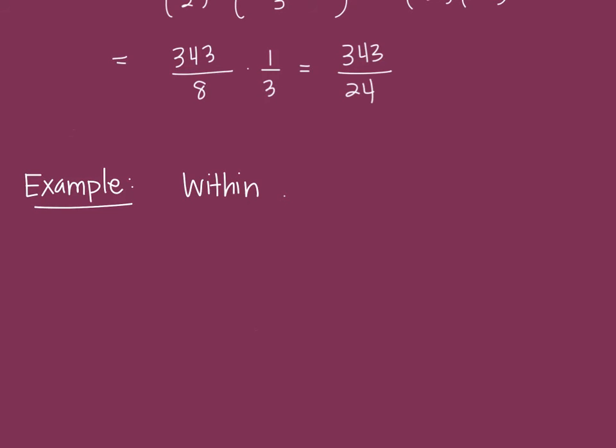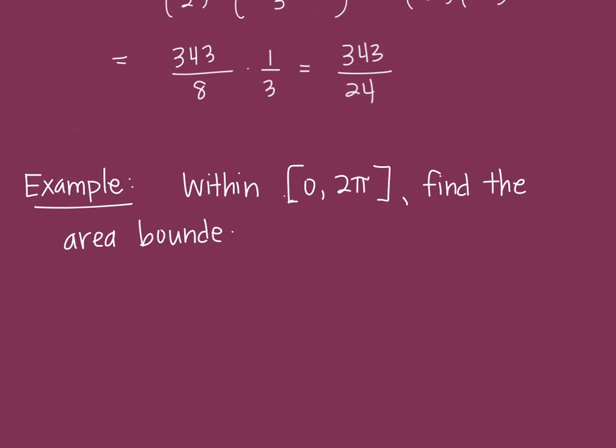Within the bounds of 0 to 2 pi as a closed interval, find the area bounded by the functions y equals cos x and y equals e to the negative x.